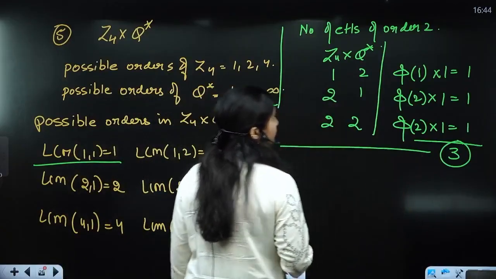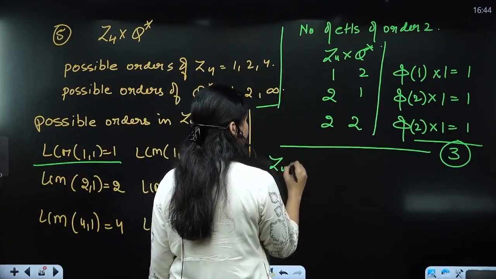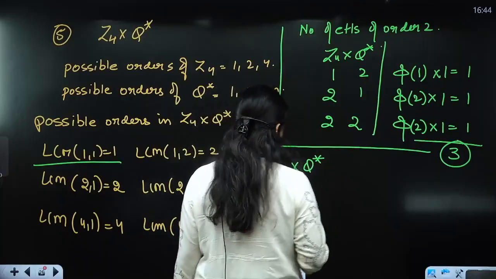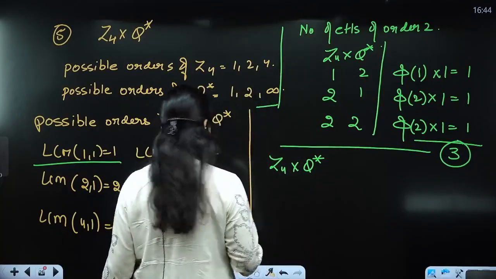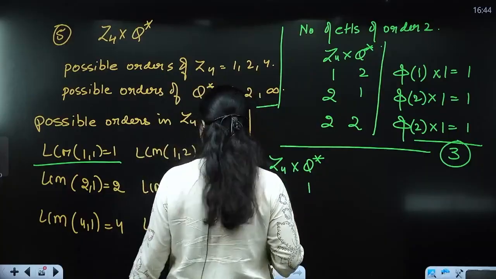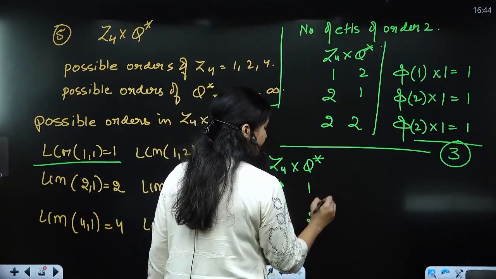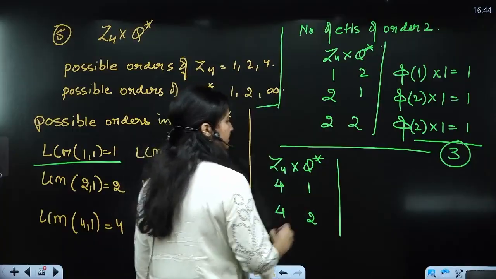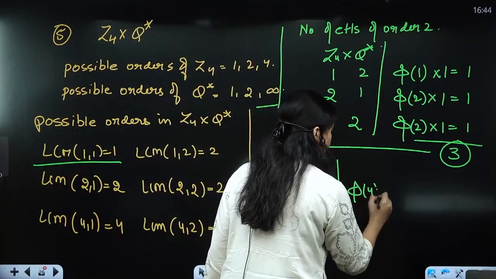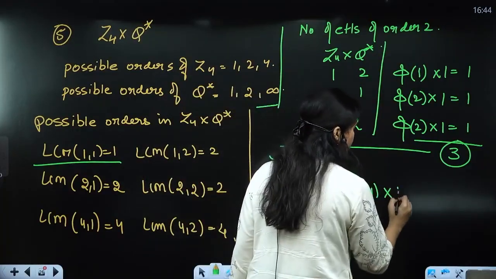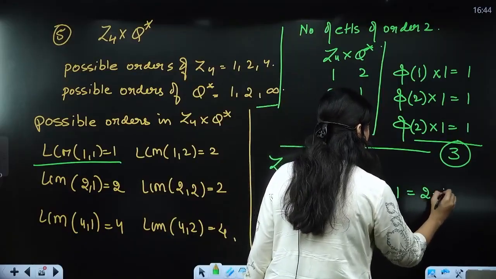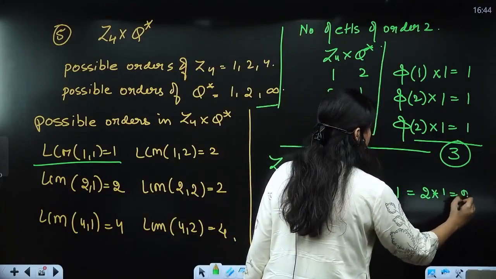Similarly, we can calculate for order 4 in Z4 cross Q star. What are the possibilities? (4, 1) and (4, 2). The number of elements of order 4 in Z4 is going to be phi of 4. The number of elements of order 1 in Q star is going to be 1. So this is 2 into 1, that is 2.